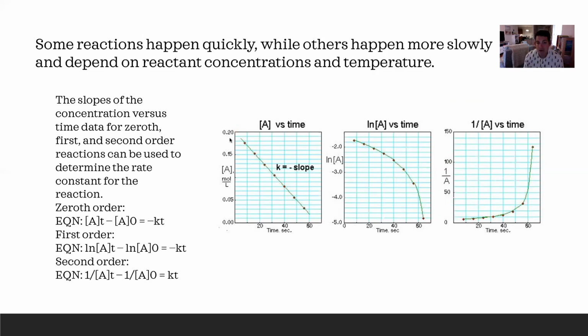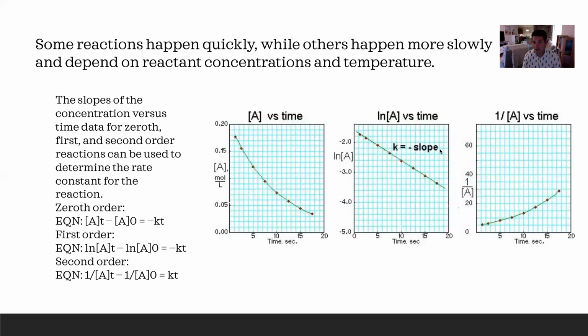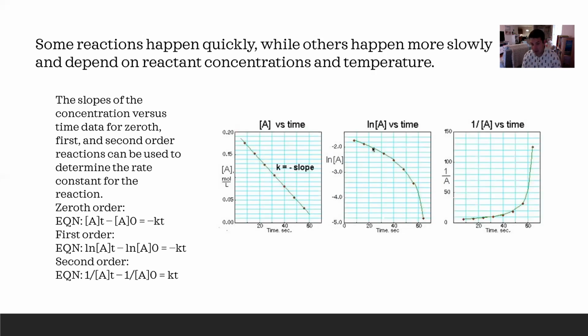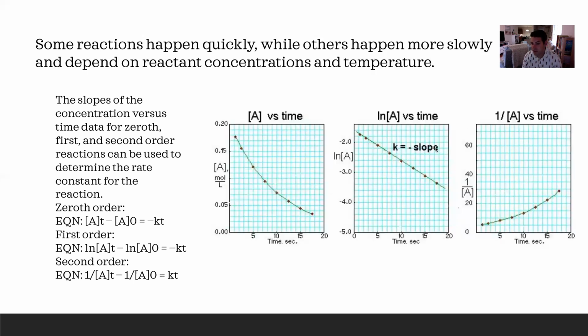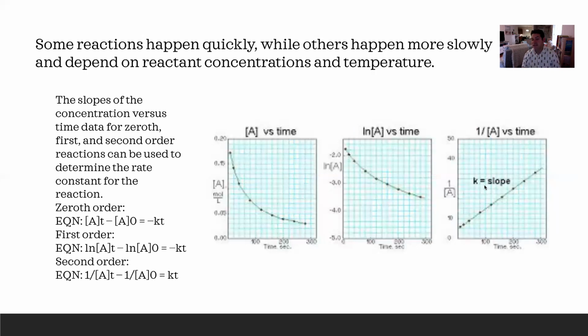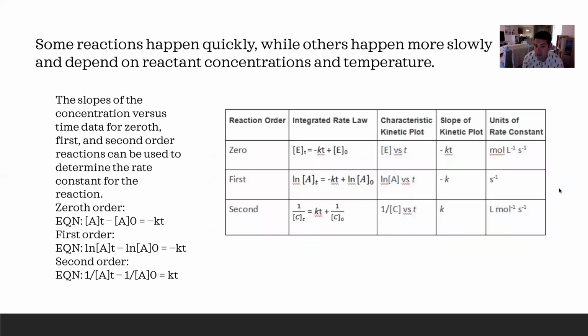So what's going on is the slope is related to K. Now, if it's 0 or first order, it's going to be a downward sloping line, so it's going to equal negative K. And for the second order 1/A reaction, the line will have a positive slope, so that slope will just equal K. So if it's 0 order, K equals negative slope. If it's first order, K equals negative slope. And if it's second order, K just equals the slope. So the slope of that line tells you the K.